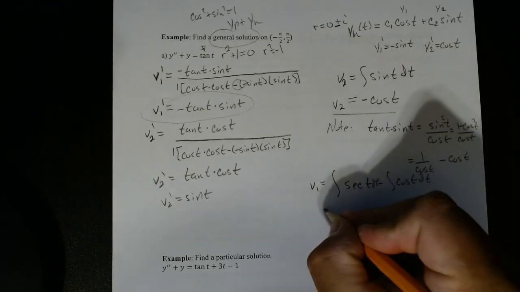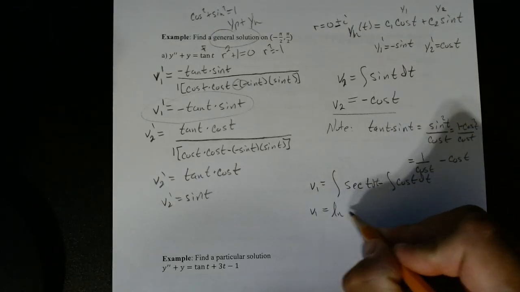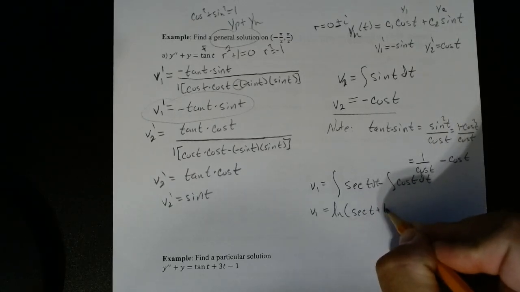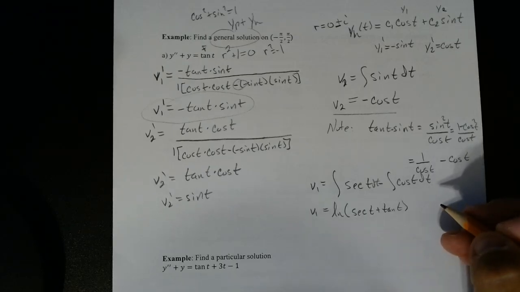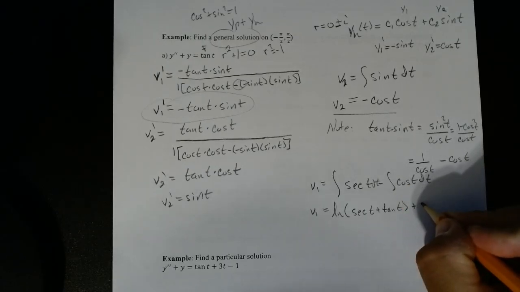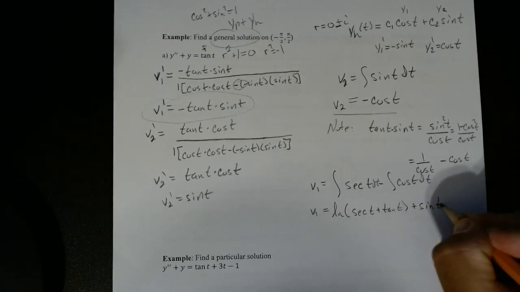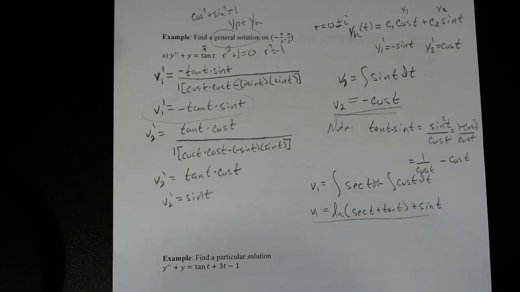Taking this integral, the integral of secant is ln of secant plus tangent, and the integral of cosine will be sine. And the best part is the minus, so it goes away. So there we go.